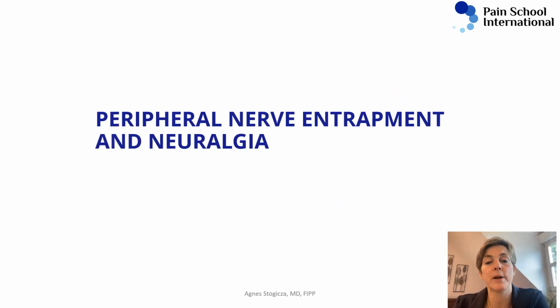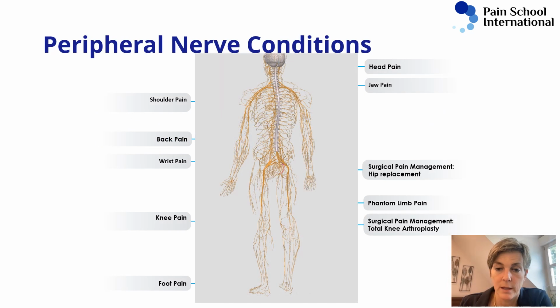Let's move to peripheral nerve entrapment and neuralgias. You could target any peripheral nerves that we recognize, we know about, we can identify, diagnose, and possibly see with ultrasound.